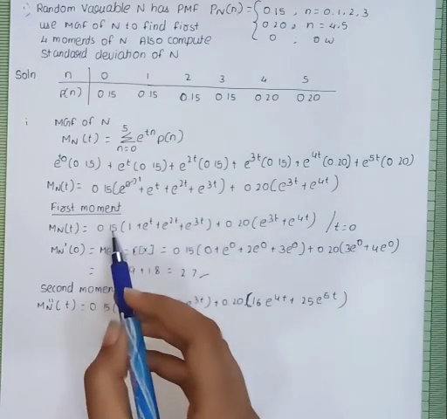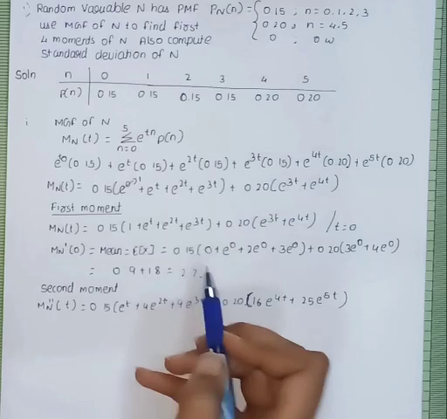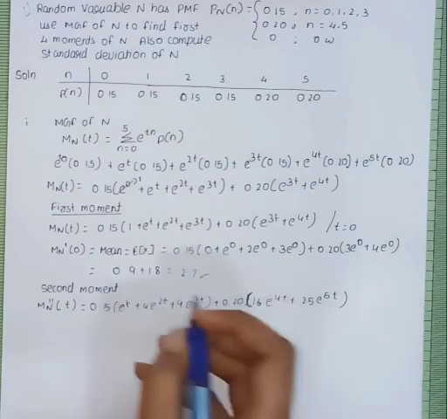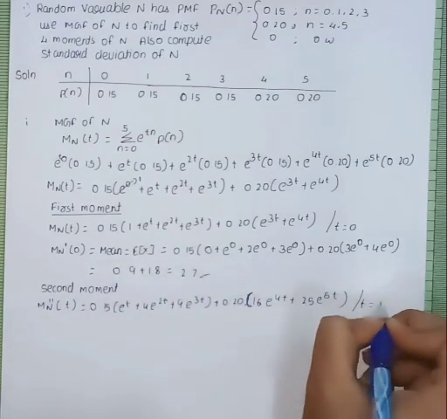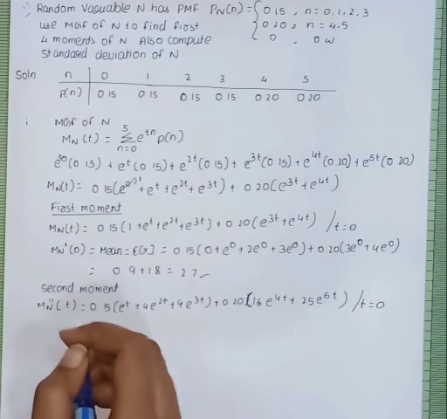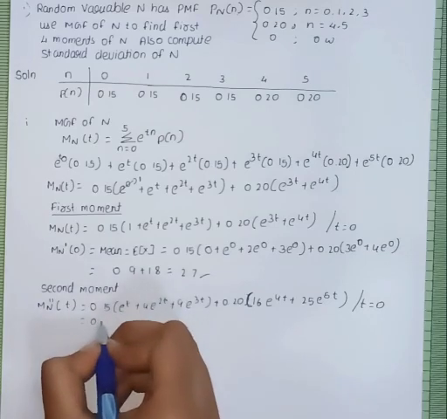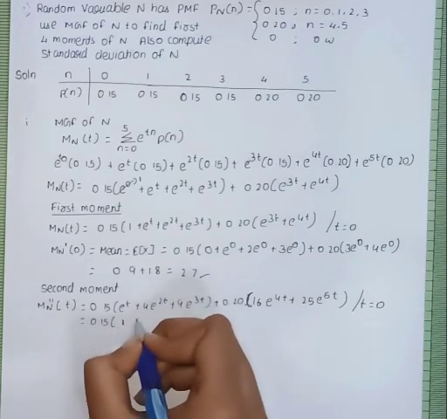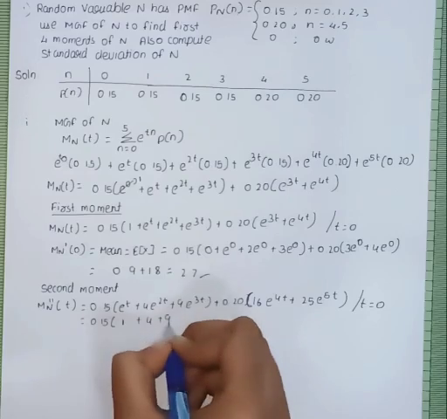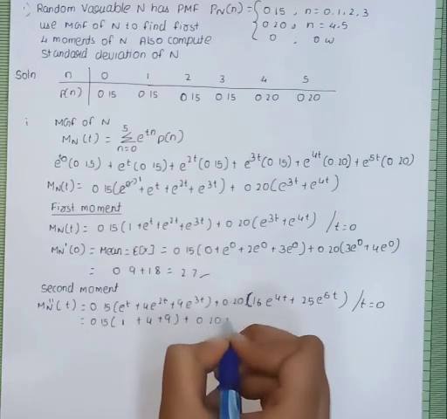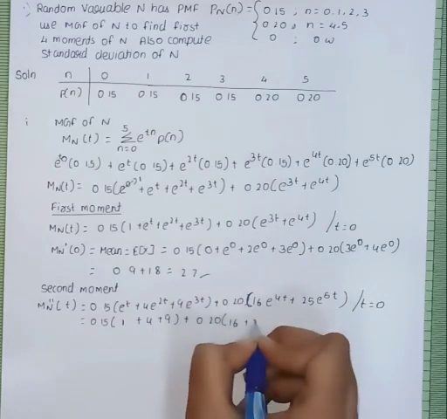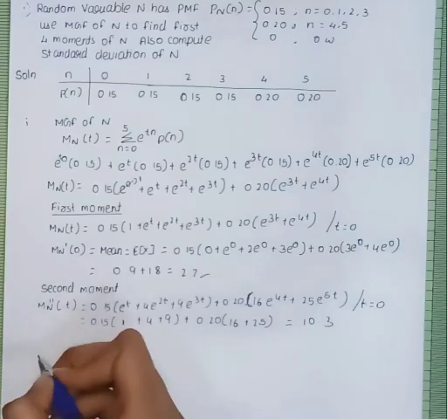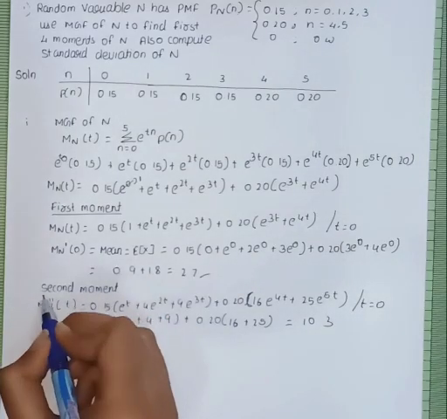I have differentiated this again. Now I'll substitute t equals 0. Then it will be 0.15, e power t is again 1, then 4, 9, plus 0.20 into 16 and 25, which is nothing but 10.3. We got the second moment.